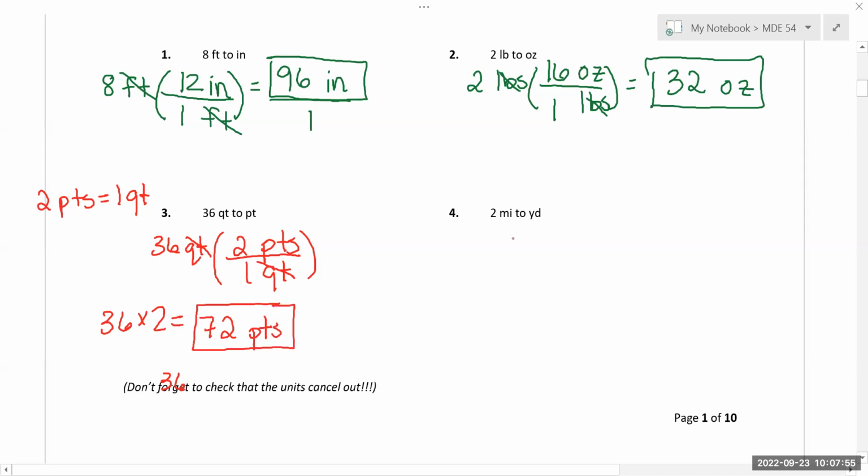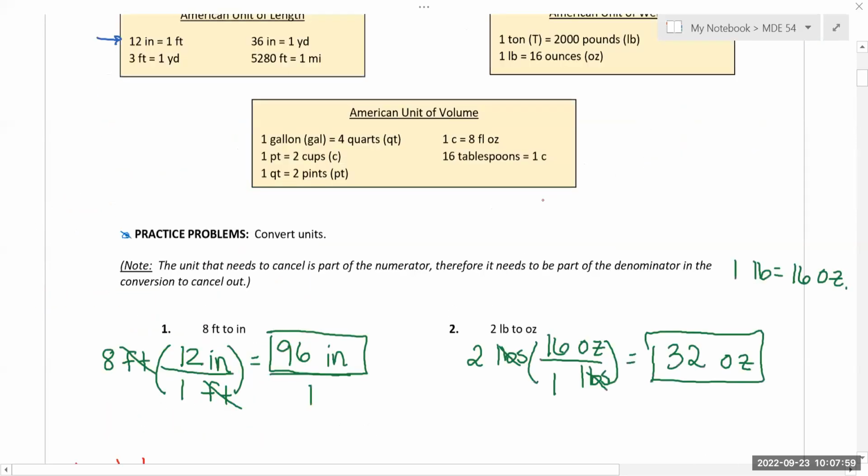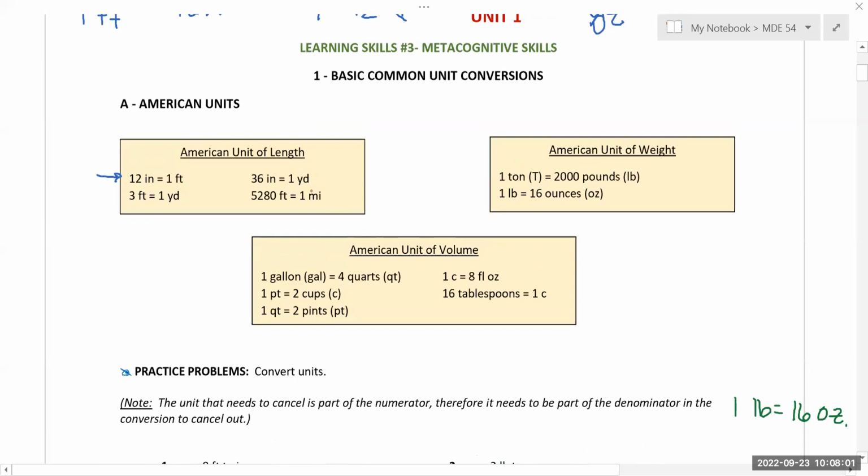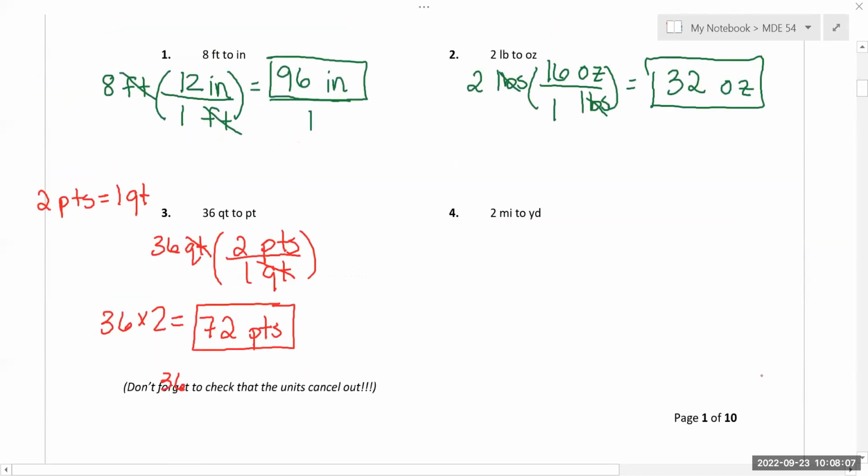And then finally, miles to yard. Let's go up and look at what we have. We have miles to feet. Feet to yard, we don't actually have miles to yard. So we're going to have to convert this from miles to feet to yard. So I'm going to say, all right, let's write all this out so we have it. 2 miles.